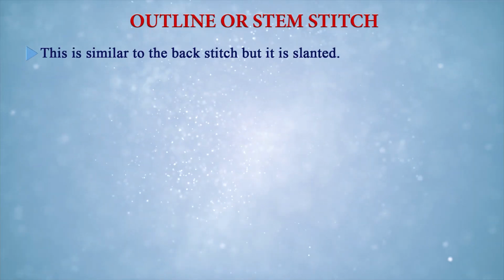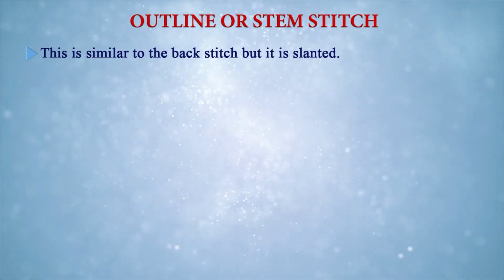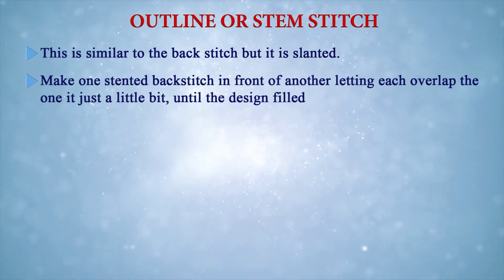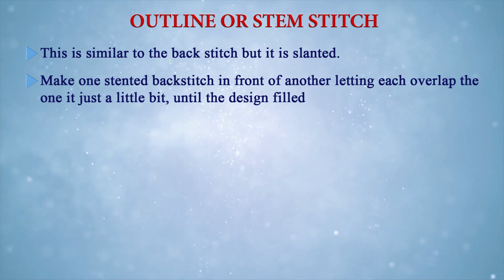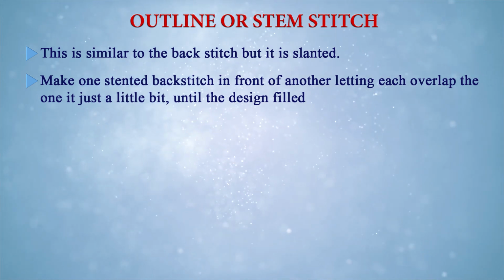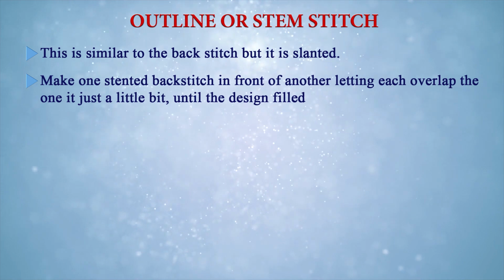Then the fourth is the outline or the stem stitch. It is similar to back stitch, but it is a little slanted. Make one slanted back stitch in front of another, letting each overlap the one before just a little bit until the design is filled.